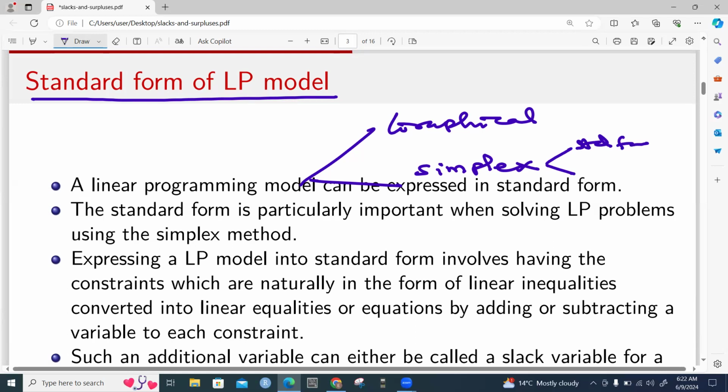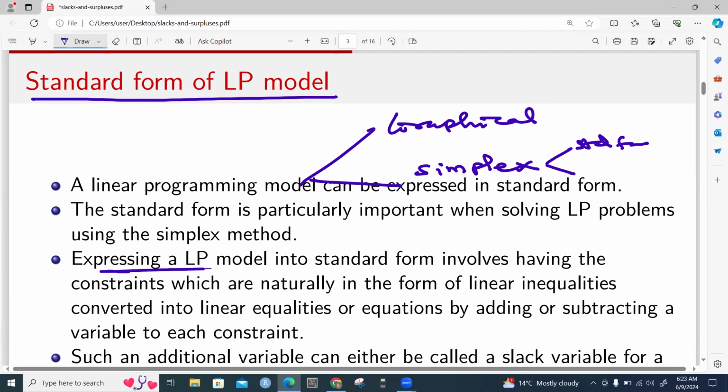For us, we are just learning here to convert it into standard form for the sake of calculating the slacks and the surplus variables. But we are not going to get into the details of simplex and how we can use the simplex technique to solve a linear programming problem, particularly with more than 2 decision variables.